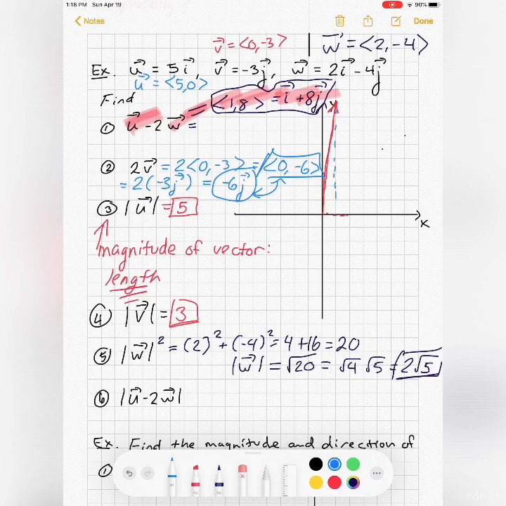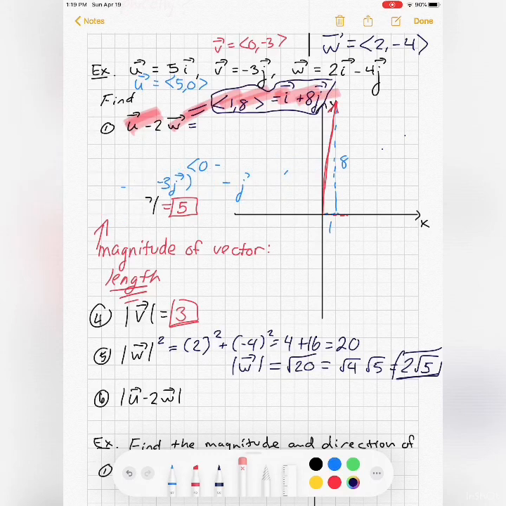So I can put in a reference triangle here again. Right 1, up 8. And I'm looking for the magnitude. So in other words, now I'm looking for this length here.